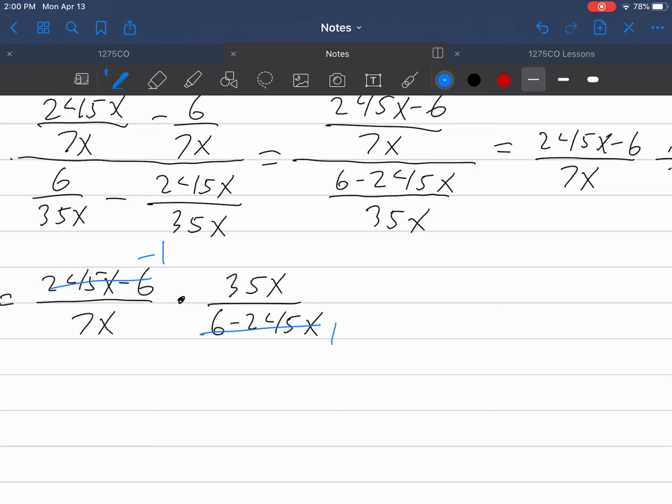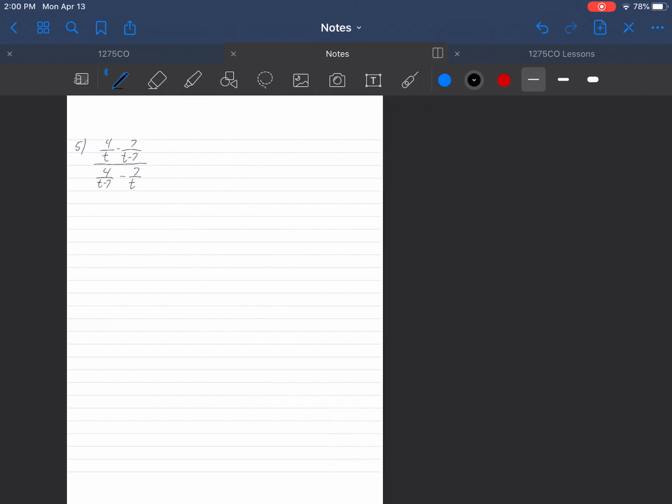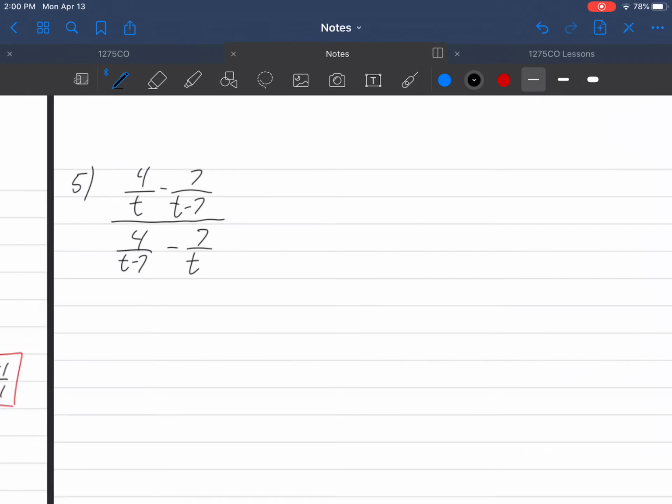In this case, they cross out to be a -1 on top and a 1 on bottom. 7x crosses out with 35x, and you're left with 5 on top. So -1 times 5 over 1 times 1 is equal to a whole number, -5, and that's our answer.